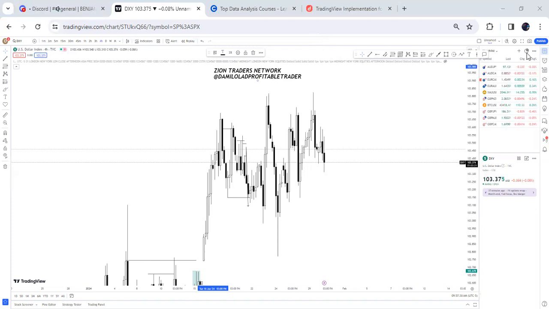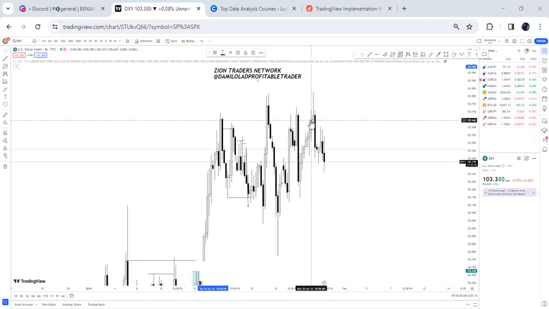Yeah, the DXY, like I said, which is the US dollar index, is what really shows us how strong, how bearish or bullish the dollar in itself as a currency is going to be. So this is what would lead me into asset correlation.